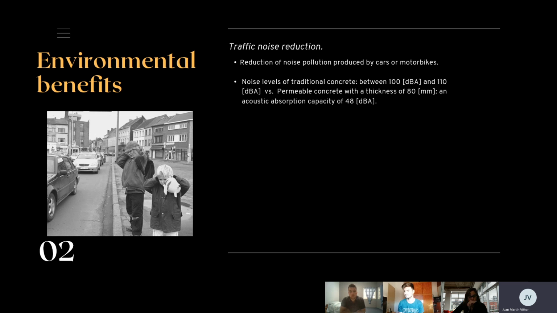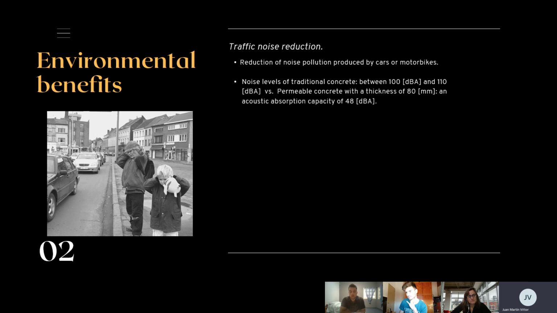For example, the traditional concrete produces sound up to 110 decibels, while the permeable concrete only up to 98 decibels. However, over the years, permeable concrete was developed using special aggregates and additives, reducing the compression layer and also increasing the acoustic absorption up to 48 decibels.